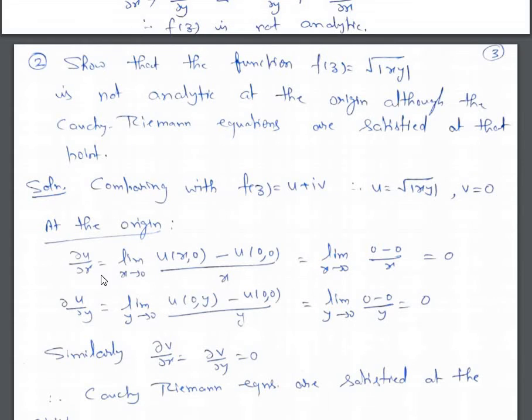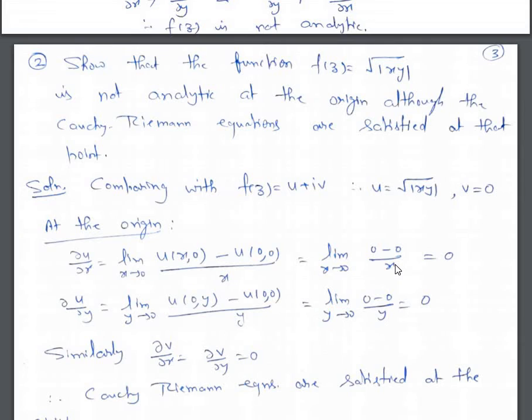So at the origin, ∂u/∂x is given by the limit as x tends to 0 of [u(x,0) minus u(0,0)] upon x. Now u at (x,0) is 0, because if we put y as 0 here, we get u equal to 0. u(0,0) is again 0.